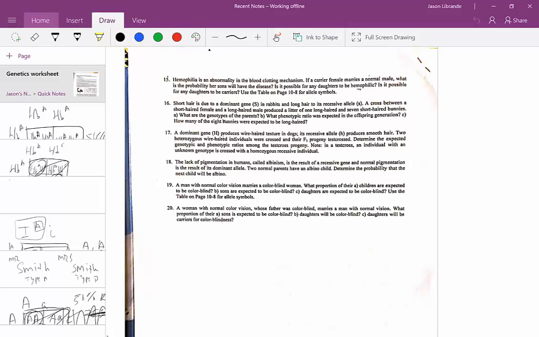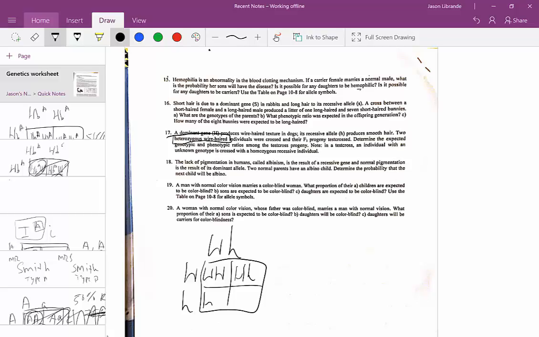So here this question isn't super clear, but it looks like we're crossing 2 heterozygous parents to produce an F1 progeny. Let's do that first. Okay.